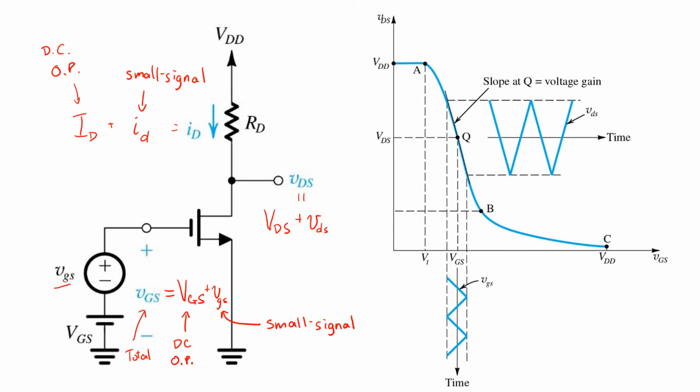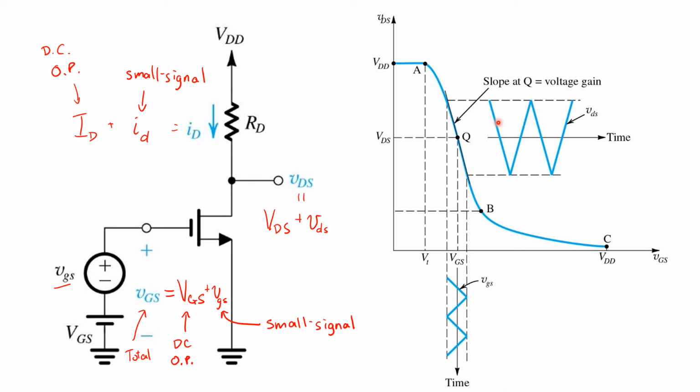Now, by ensuring that the small signal deviations away from our operating point Q are small enough to keep the input-output variables within this linear range here, then we can imagine that the small signal quantities, lowercase vgs and lowercase vds, are related linearly just by a multiplicative gain constant.